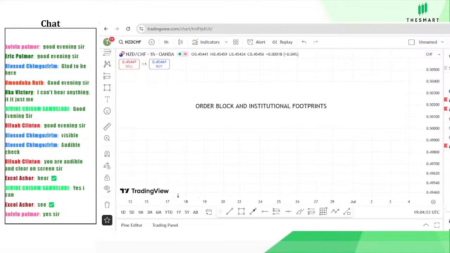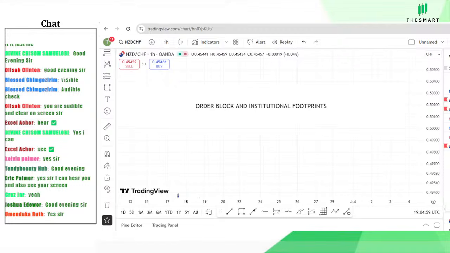Now, what do you mean by order block? That's what we'll look at first. So get all you need for tonight ready because we are starting right away.